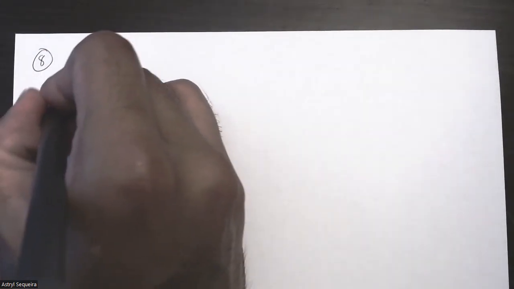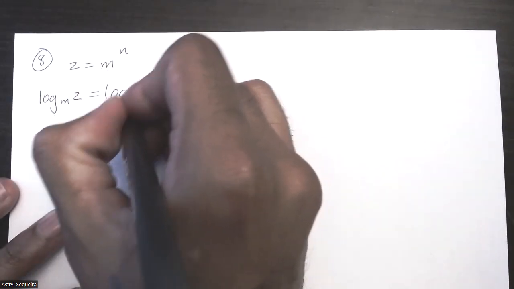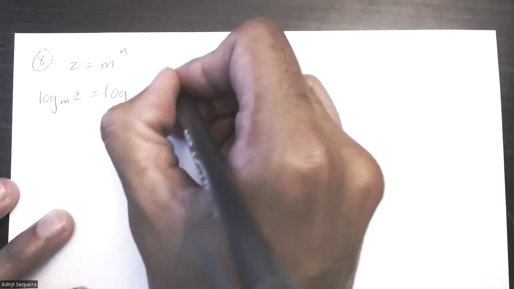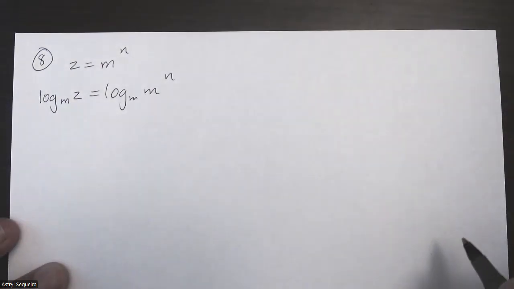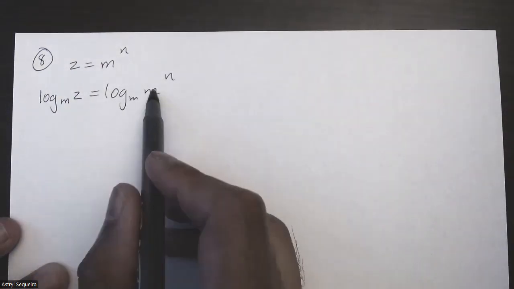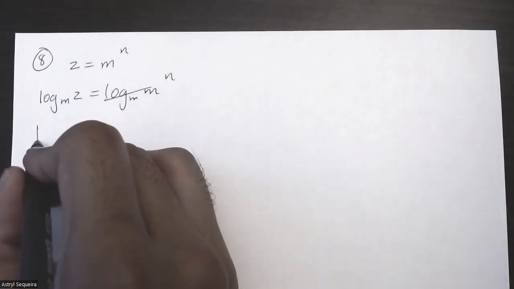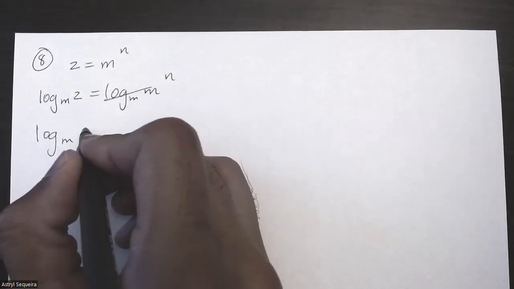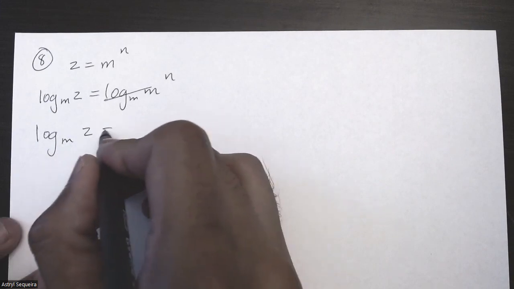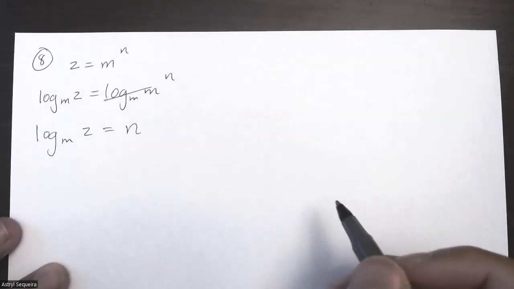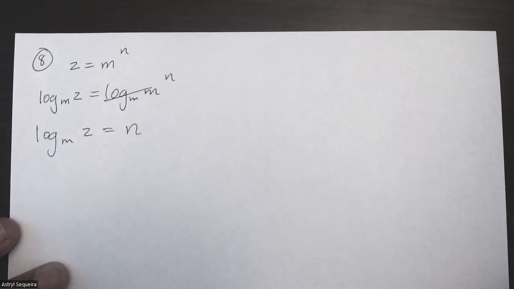So I'm going to do log base m on both sides. This is what it's going to look like. And then log m just cancel, and you're just left with whatever is the exponent. You're going to bring it down. So log with m to the base z equals n is my log form for this equation.